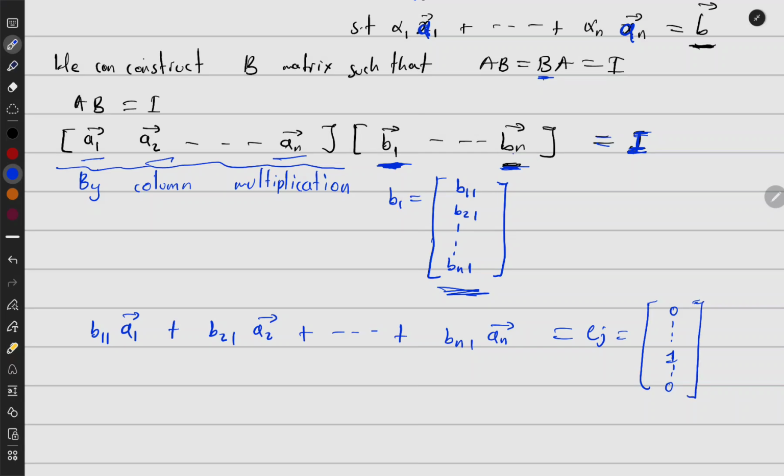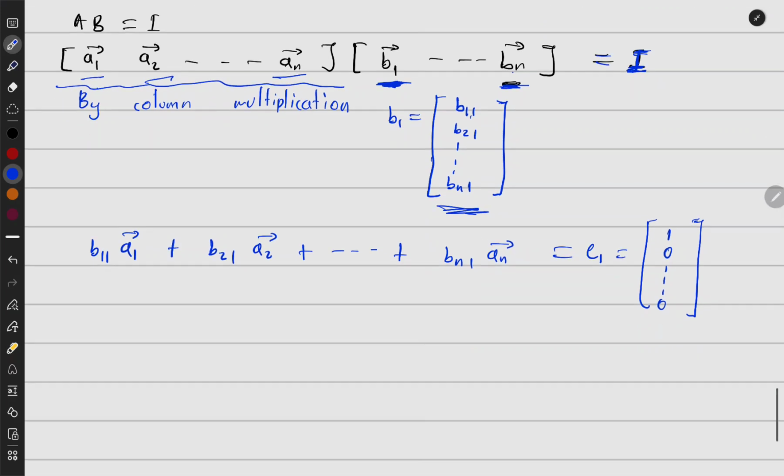Actually, if I multiply by B1 and it's multiplying by this, this is supposed to be E1. Yeah, this is now 1, 0, 0, n times. So that's what we are supposed to get.